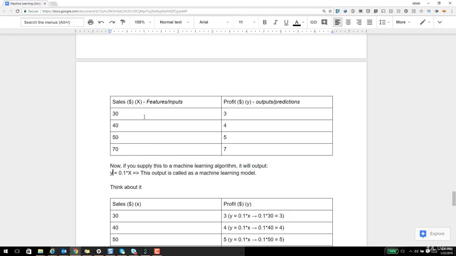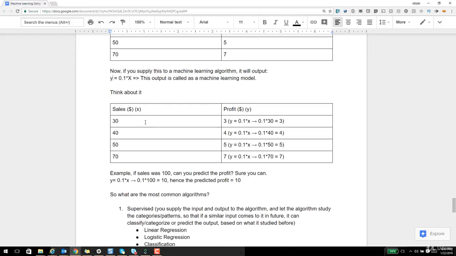It's very simple. If you see, 3 is 0.1 multiplied by 30. And this is what the machine learning algorithm will do. Think about it. This is how the output looks: 3 is 0.1 times 30, which is the profit. Similarly, 4 is 0.1 times 40, and so on and so forth.